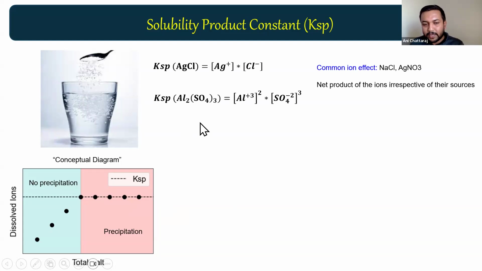If you're dealing with something like aluminum sulfate, it looks like this, because the stoichiometry and valency of the salts are different. For the mixed valence salt, we have the concentration of aluminum raised to the power 2 and the concentration of sulfate raised to the power 3. That's how we define the KSP in a traditional chemistry textbook. So the idea was, can we apply this simple chemical concept to a much more complicated biomolecular system?